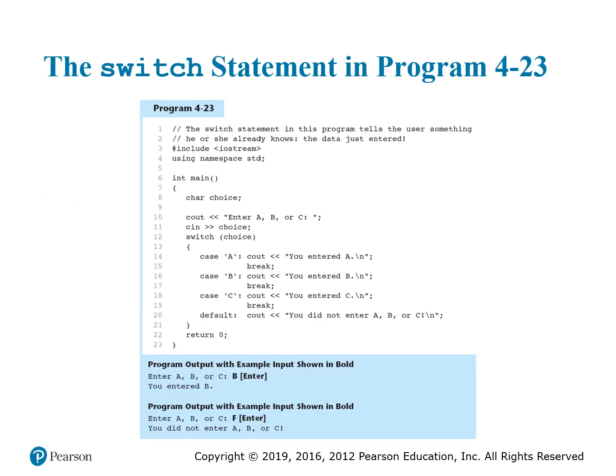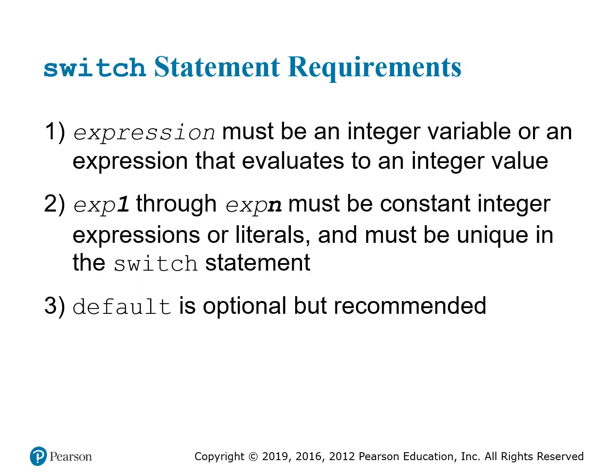Okay, so this is a really stupid program here that says enter A, B, or C, and then whatever they typed, it tells them that that's what they typed. But you can see that that would work very well for selecting from a menu where options were A, B, and C. Expression must be an integer or an expression that evaluates to an integer, like a character, or you could have a complicated mathematical expression there that evaluates to an integer.